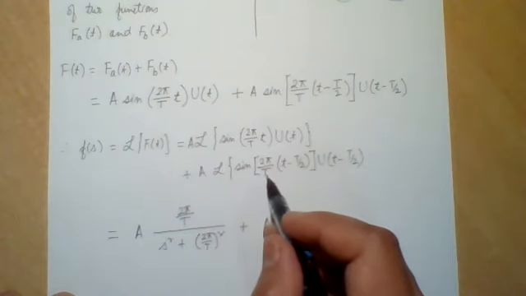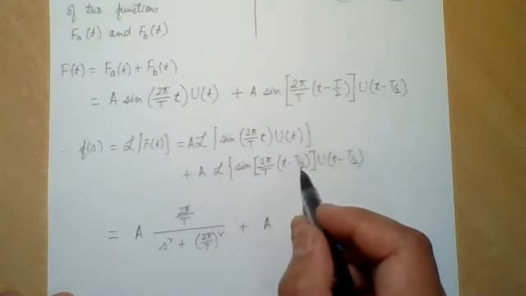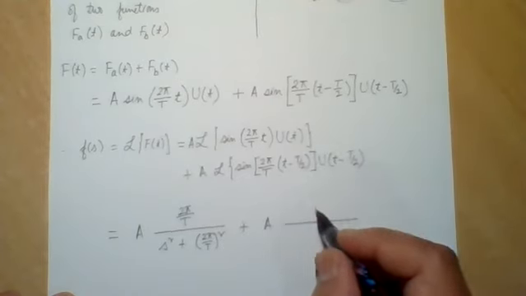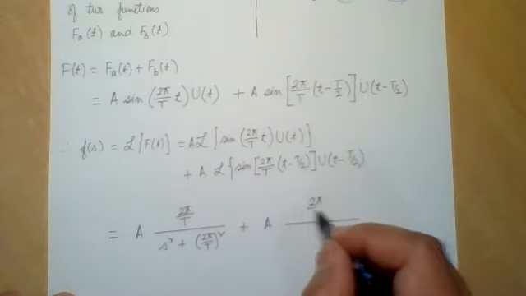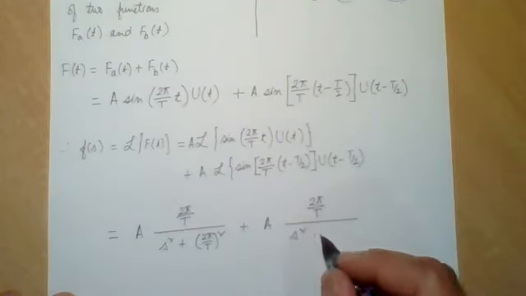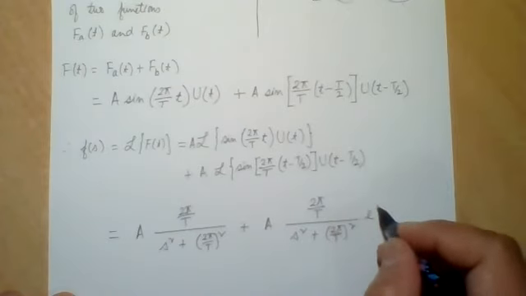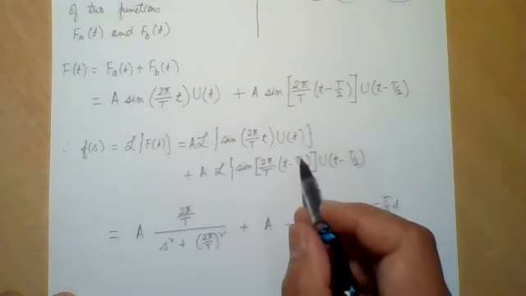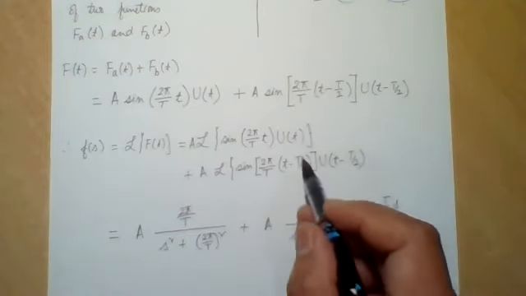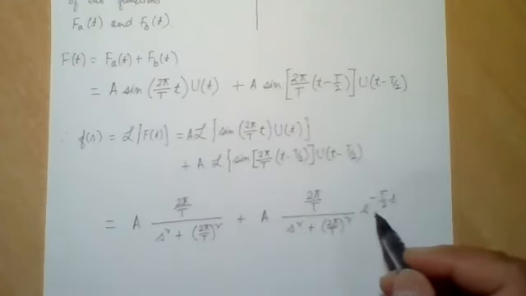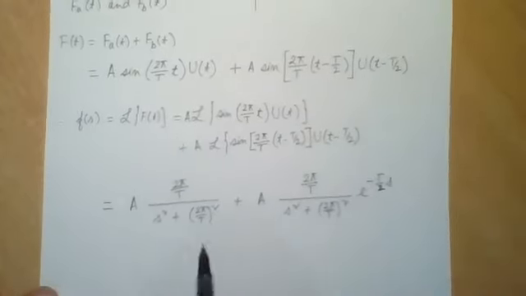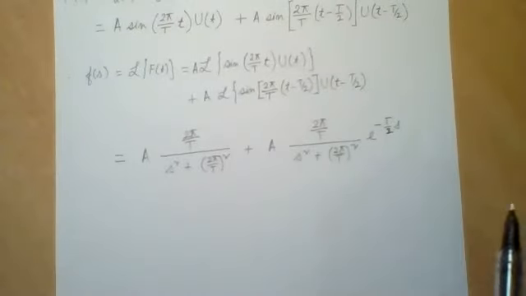This is also twice pi by T over s square plus twice pi by T whole square, times e to the power minus T by 2 s. So here we have shifting by an amount T by 2, so we have e to the power minus T by 2 s. Okay, so this is the Laplace transform of the half sine wave.